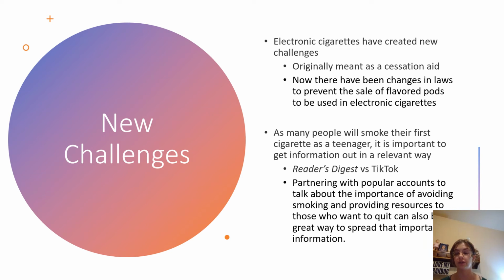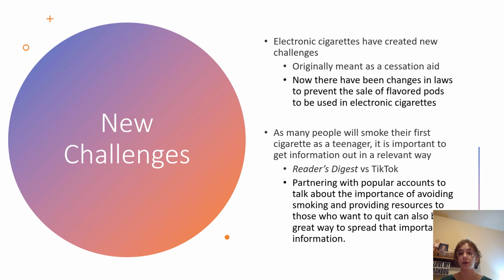For a while there were different flavors and no strict legislation to prevent minors from getting access to these products, but now thankfully there have been state and federal laws put in place to make it harder for young people to start smoking electronic cigarettes, so that can help reduce that burden.